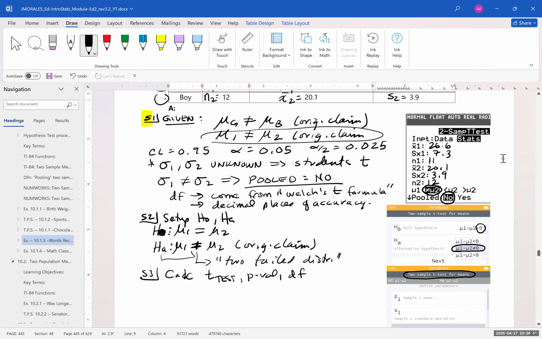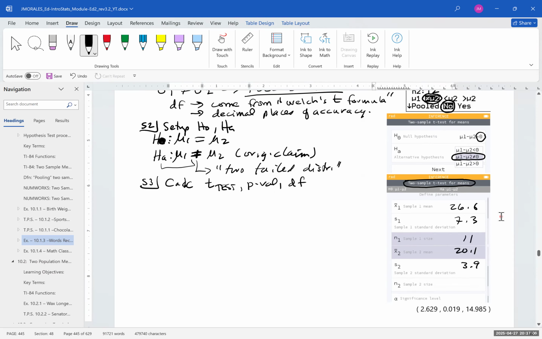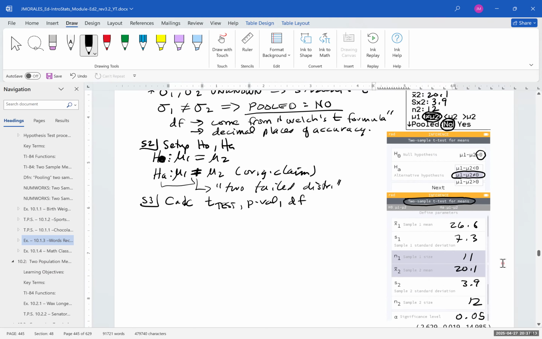Okay, I'll show it. But let's go ahead and copy down this information. So X bar 1, 26.6, S1 is 7.3, N1 is 11, X bar 2 is 20.1, S2 is 3.9, and N2 is 12 with a 0.05 significance level.